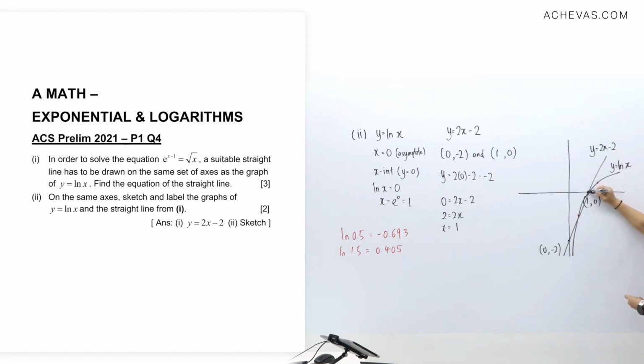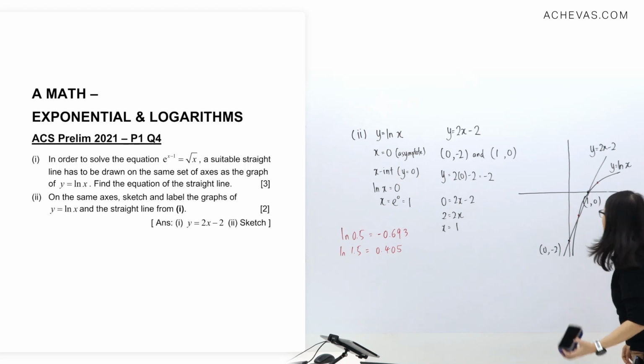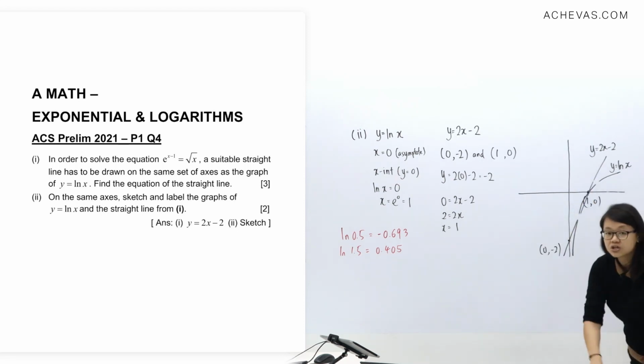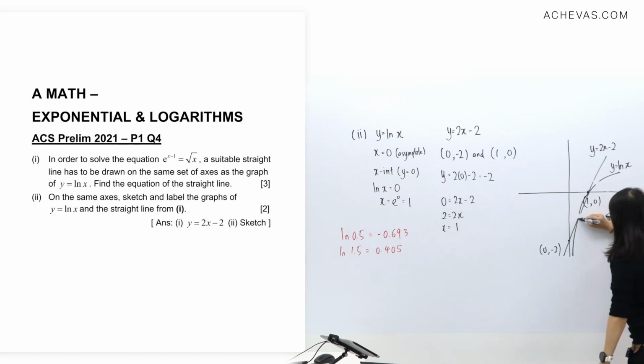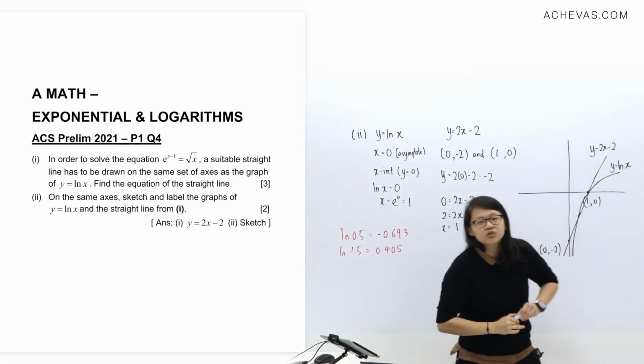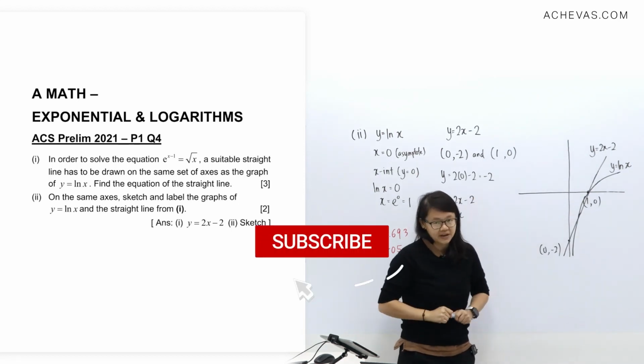So for these graphs, the common point is 1, 0, okay? The red ones you do not have to show. I was just telling you that you can use points to test it out. So your graph should be these two graphs here without the red guidance points, okay? That is just for you to do a testing so you get a correct logarithm graph if you do not know how a logarithm graph will behave, okay?